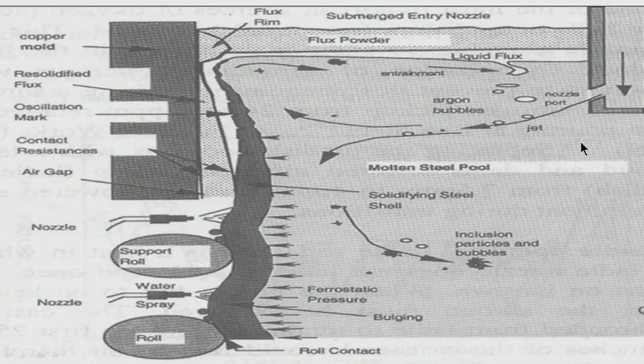Turbulence should not be much, otherwise there is a possibility of contamination from the liquid slag which is at the top of the liquid steel. So, there is a possibility of entrainment of liquid slag in the mold, which is not desirable. So, we have to be careful in the mold as well.